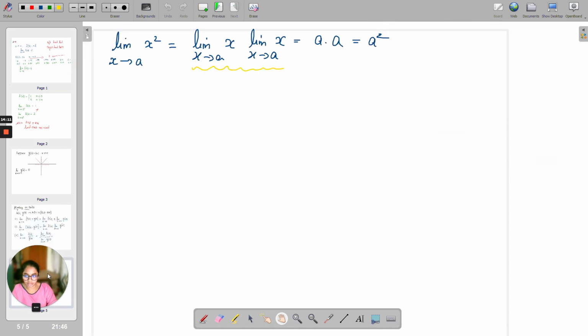Yes. So now moving on, let me take another problem now. Limit x tending to a, x power n. What would this be?